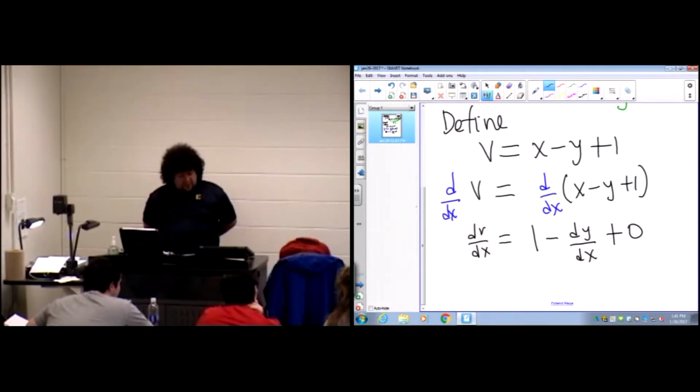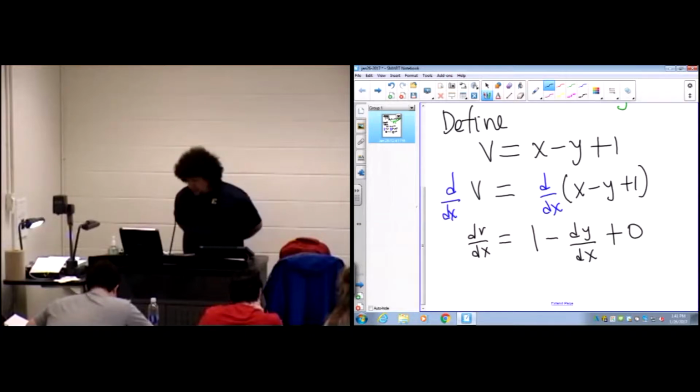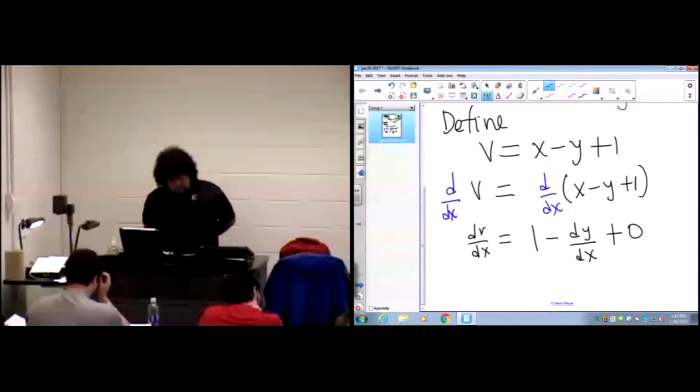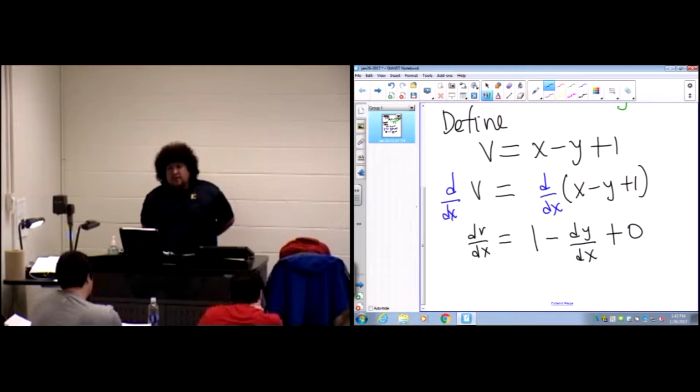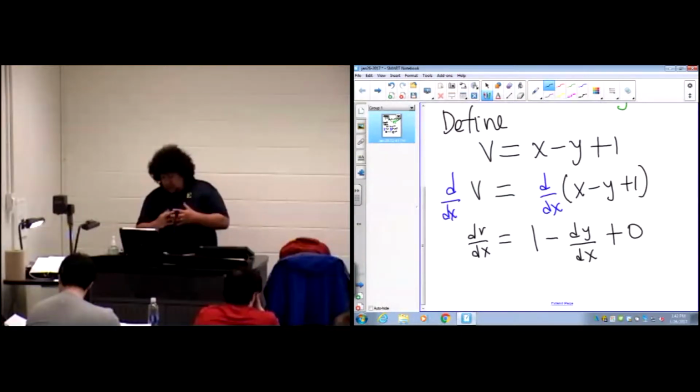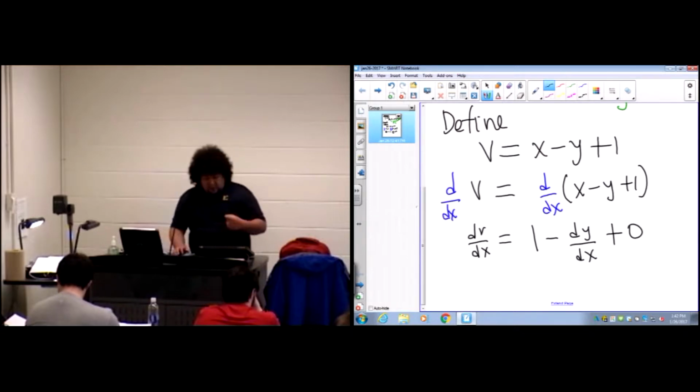So right off the bat, we see that the derivative of this new variable is 1 minus the derivative of y, the original variable in the differential equation. So what we want is to be able to convert the original equation into a new differential equation.